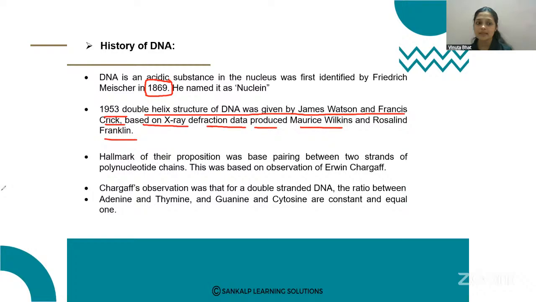This double helix model is the very famous theory that explains the structure of DNA. It is also called the Watson-Crick model of DNA.